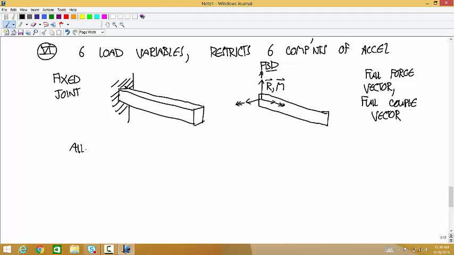That doesn't mean that an object connected to a fixed joint can't move, because if it's connected with a fixed joint to something that's moving, something that's accelerating, then it's going to accelerate too.